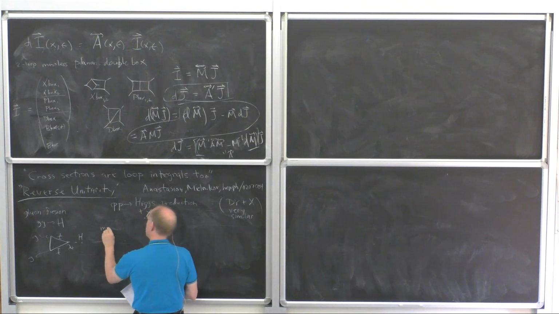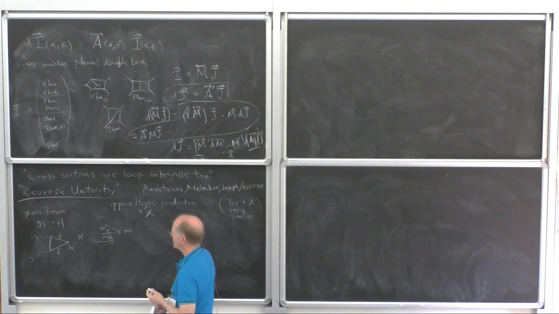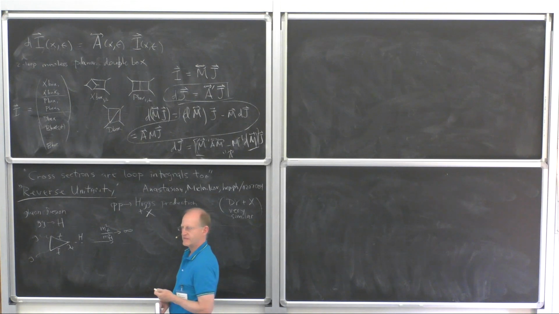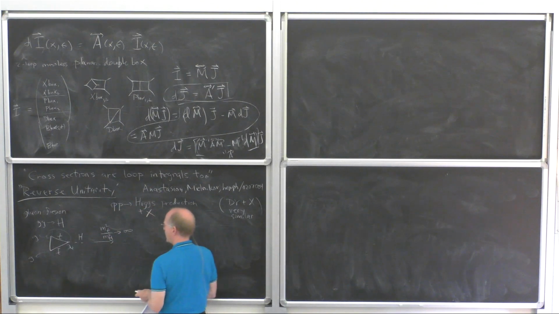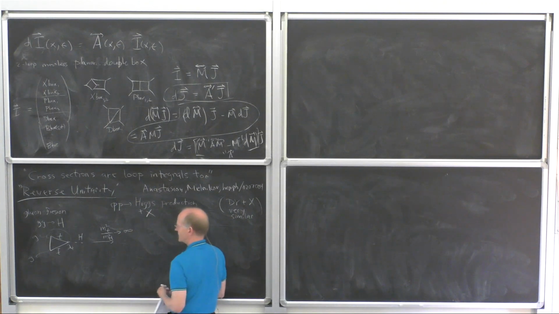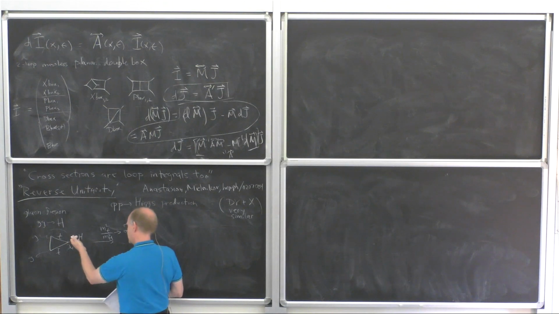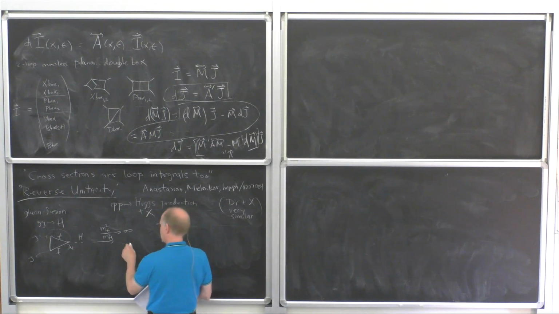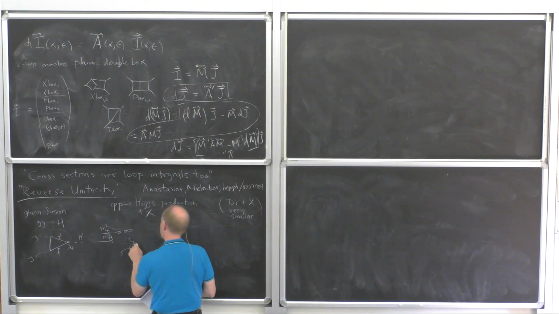But the top is quite heavy, and it's a pretty good approximation to consider it to be much heavier than the Higgs. And then we can integrate it out. So similar to SMEFT with new physics, we can do this standard model Higgs coupling with integrating out the effect of the top quark.